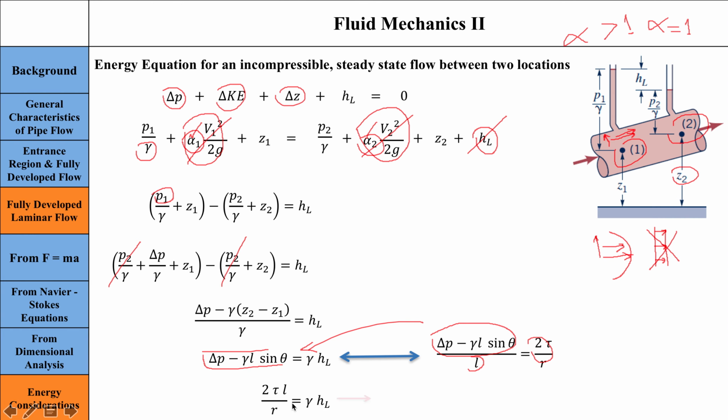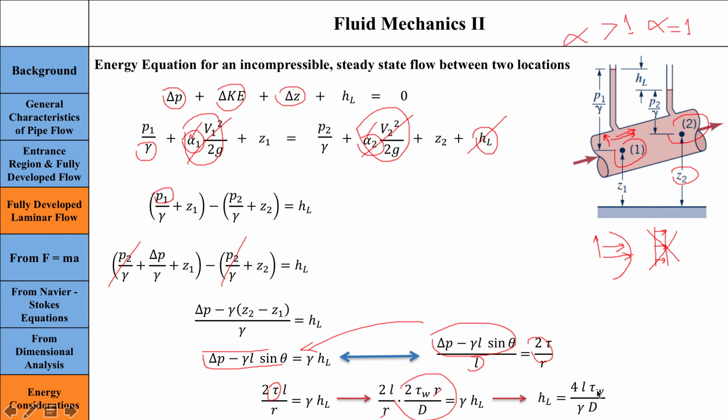And now I just simplify it further. I write tau in terms of tau w. Go back and look at the previous video for this again. I've just expanded this term in terms of tau w, and now this is going to get canceled out, and I'm going to be left with the head loss term equal to, in terms of the wall shear stress now, okay?